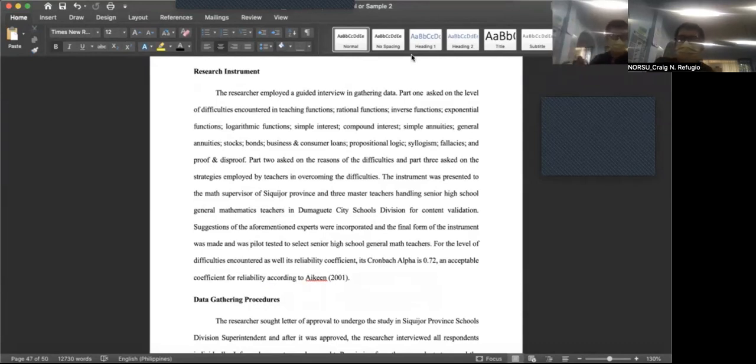During the pilot testing, you are going to record the time the administration of the instrument started and the time the answering of the questionnaire ended. You record that from one sample respondent to another, and for all of the respondents in the pilot testing, so that you have an idea how long it will take to administer the instrument.